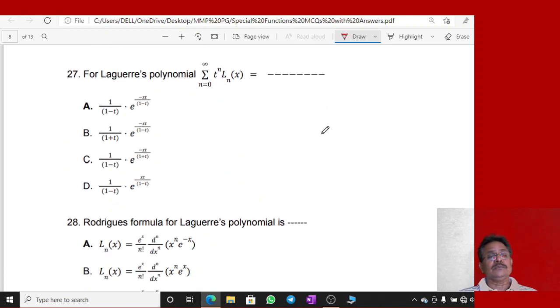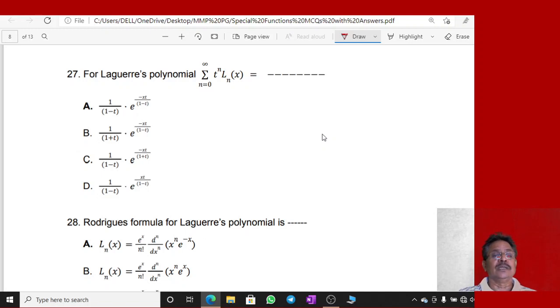Then question number 27 for the Lagrange polynomial. Again we have seen this. This is what is called the generating function. Out of these four options given, you have to identify the correct generating function. When the generating function is expanded around t = t0 or t = 0, that expansion gives you a power series in t^n with some coefficients, and these coefficients are called Ln(x).